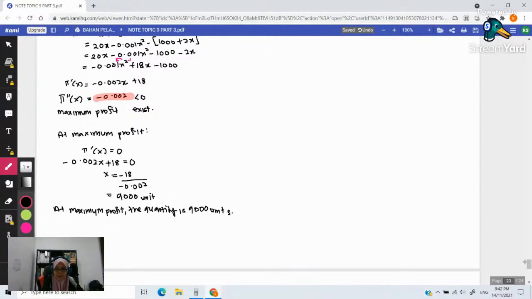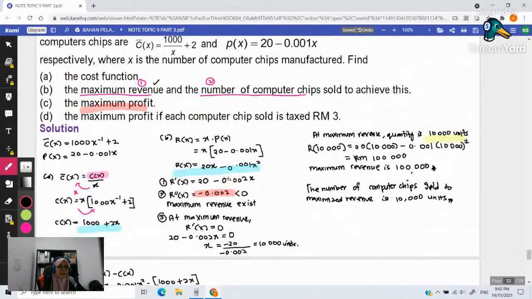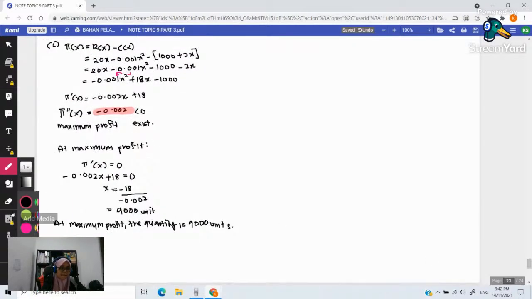But let's read question C again. It asks for the maximum profit, so we need to state what the maximum profit is. We substitute 9,000 units, that is your x, into the profit function. So pi of 9,000 is equal to negative 0.001 times 9,000 squared, plus 18 multiplied with 9,000, minus 1,000.